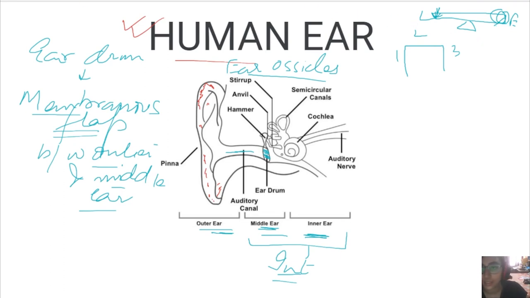So basically in a lever there's a fulcrum, a load and an effort. By you giving the effort, the load accordingly moves. The more you give the effort, the more the load will move.